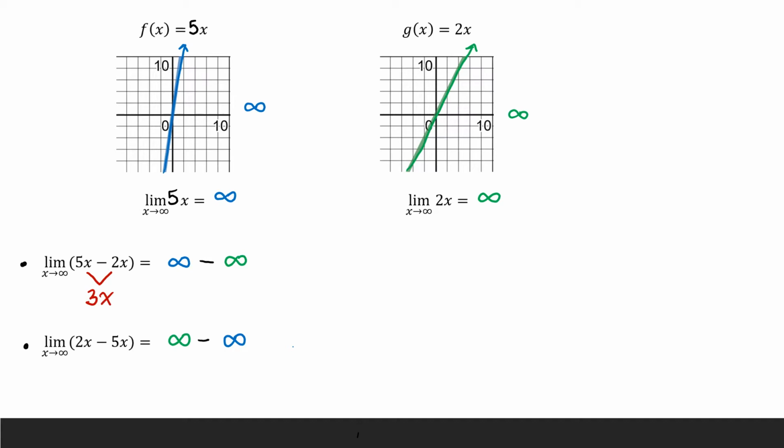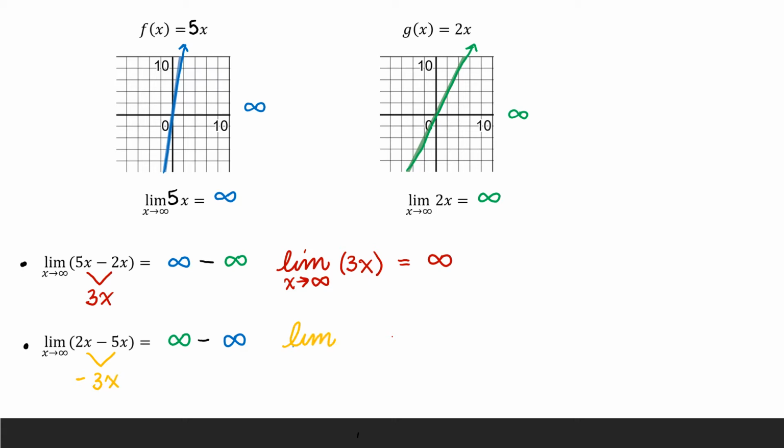So we have the limit as x approaches infinity of 3x, which is equal to infinity. But if we look at this limit as x approaches infinity for the quantity of 2x minus 5x, well, 2x minus 5x is equal to negative 3x.